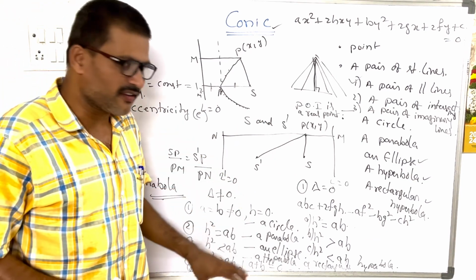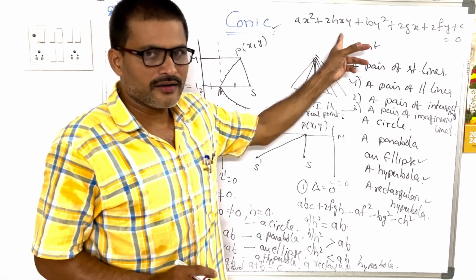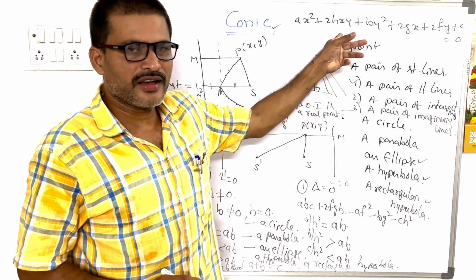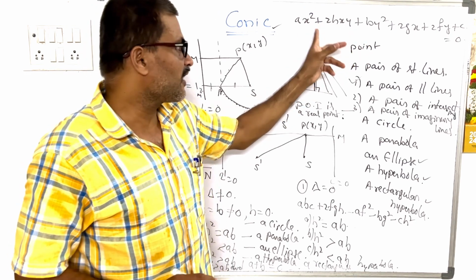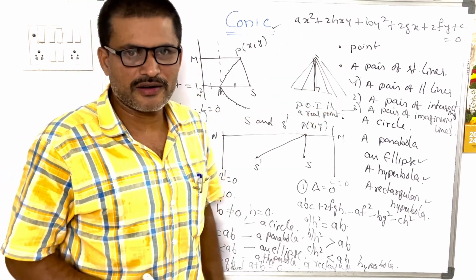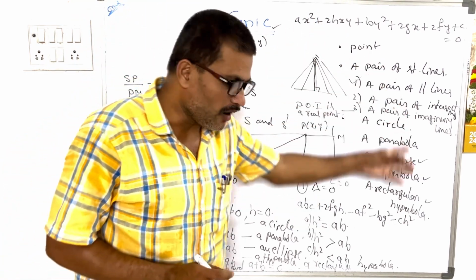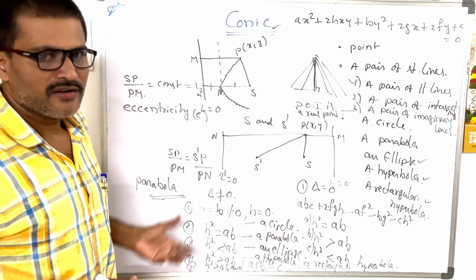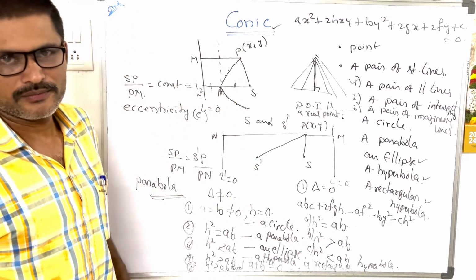So these conditions will be arranged here in that equation, the second degree non-homogeneous equation ax square plus 2hxy plus by square plus 2gx plus 2fy plus c equal to 0. So these different conics exist in that one.